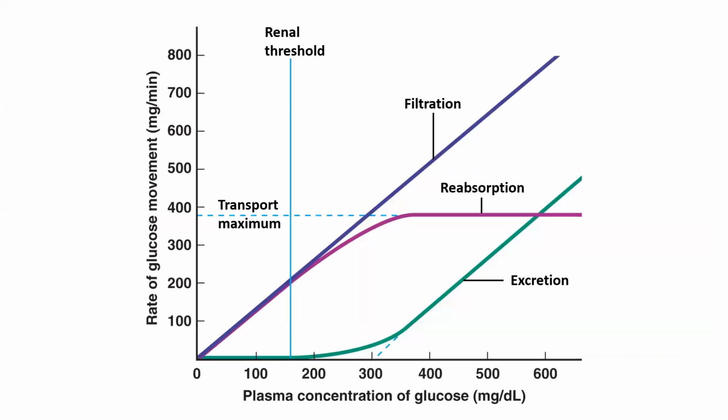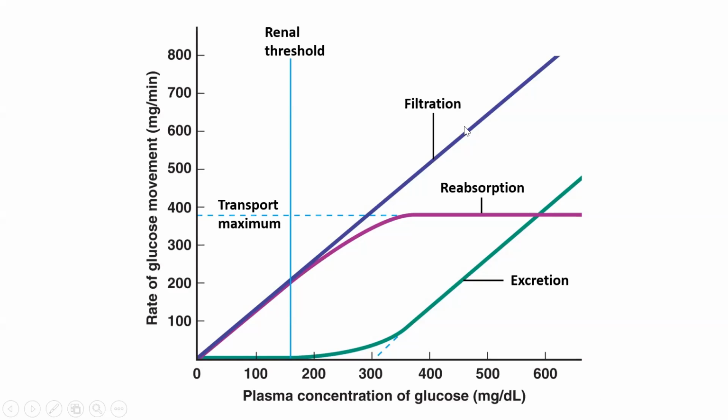So the transport maximum, and if we go to this graph, this will make a little more sense here, is the rate of glucose movement at which maximum glucose is being reabsorbed and all the transporters are being saturated. Whereas the renal threshold is the plasma concentration of glucose at which we begin to see glucose spilling into the urine. So the difference is the carriers versus the plasma concentration of glucose, okay?